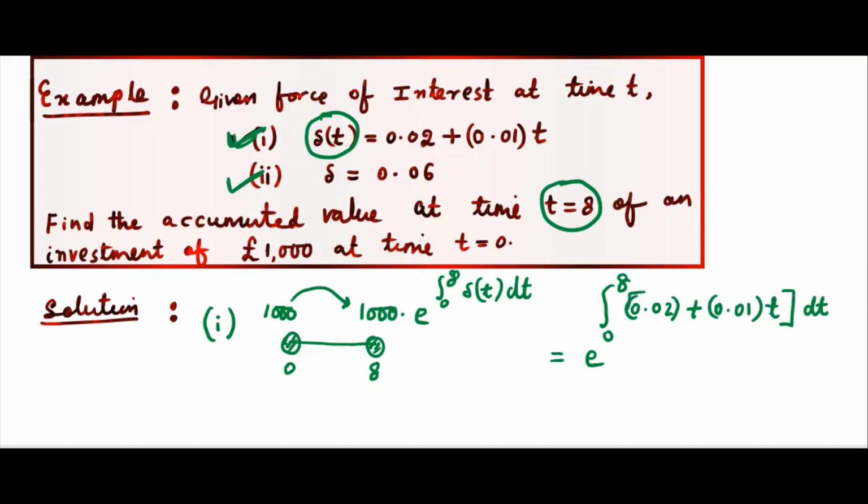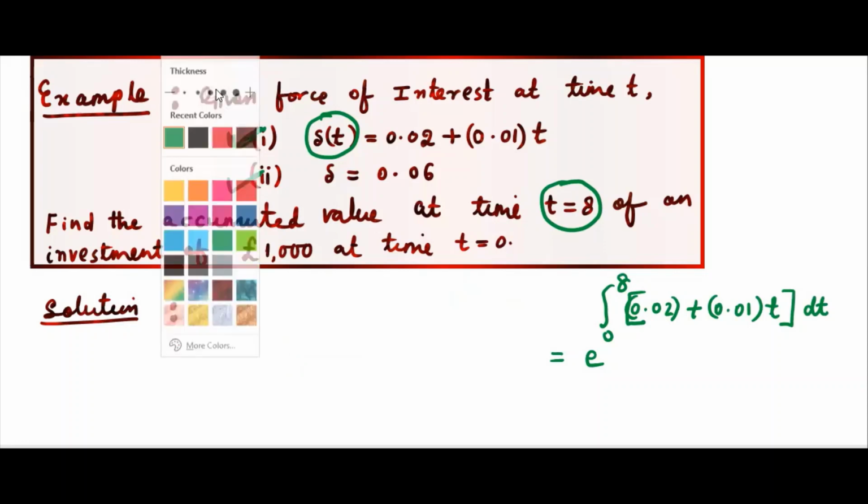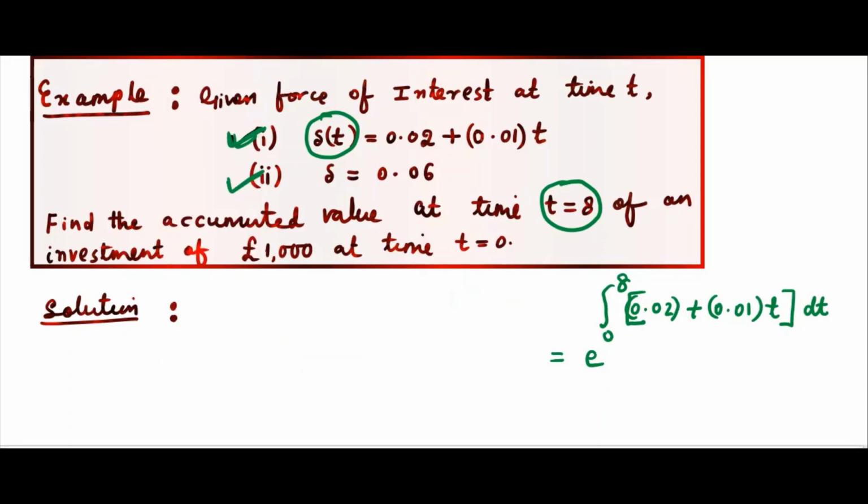Remember one thing, we are not integrating e, we are integrating only the power. So if you integrate the power, here it will be 0.02 t plus 0.01 t square upon 2, and the limits are 0 to 8.